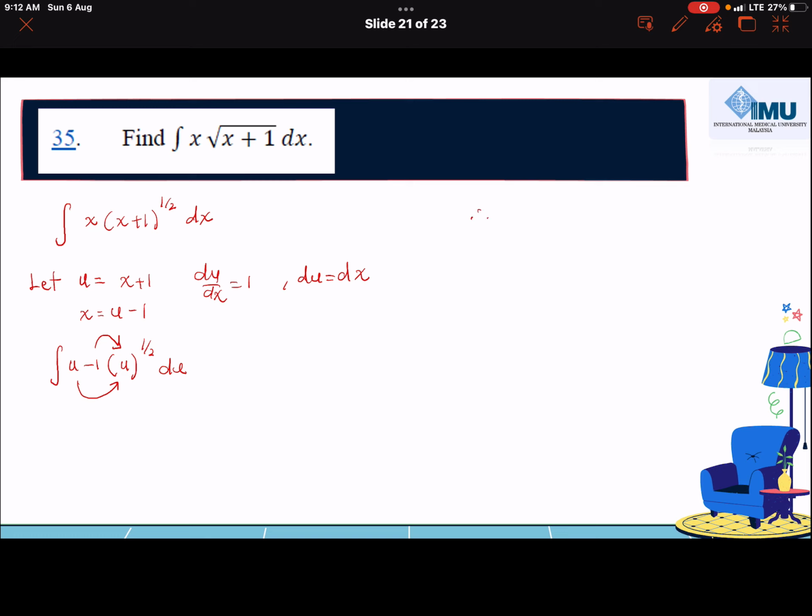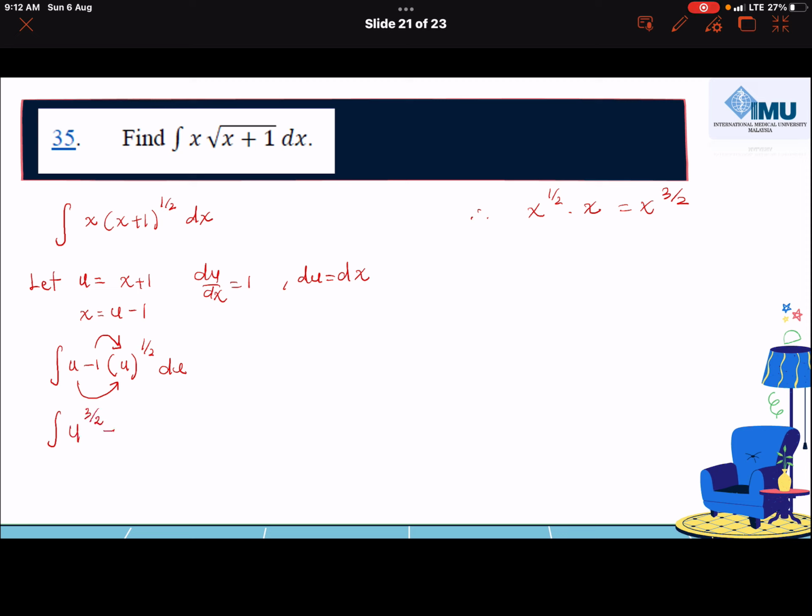Imagine, for example, you have x to the half multiplied by x. What happens? Correct, you get x to the 3 over 2. Same goes here. I do not do any integration, I am just expanding. So u initially has power of 1, multiplied by u to the power of half, becomes u to the power of 3 over 2.